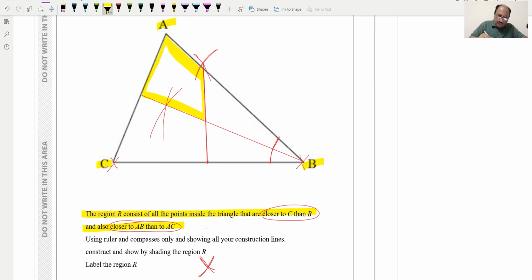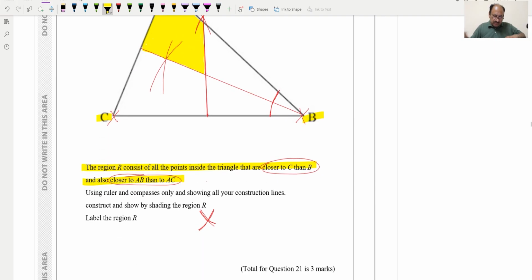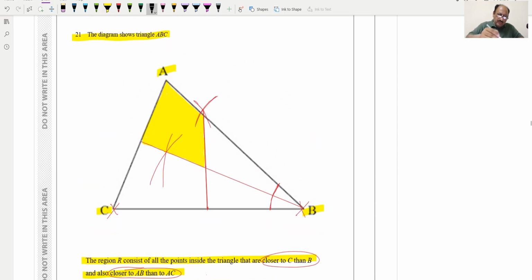This is region R which we have to identify, and in the next part of the question they say use ruler and compasses only, showing all your construction lines, construct and show by shading region R, label the region R. So we label this region R, which is done.